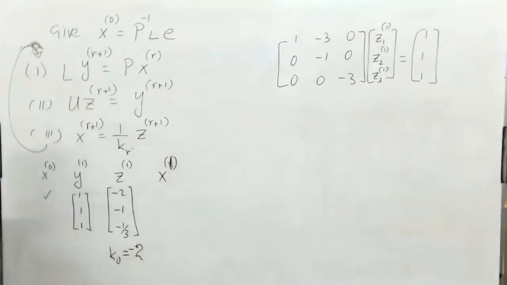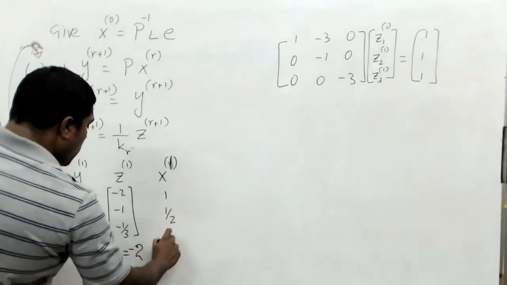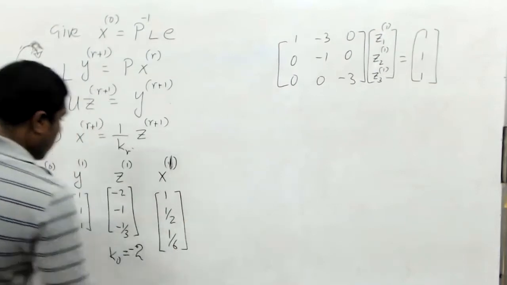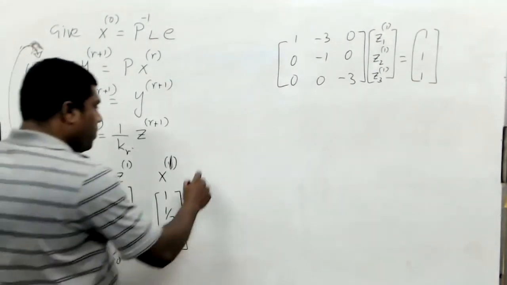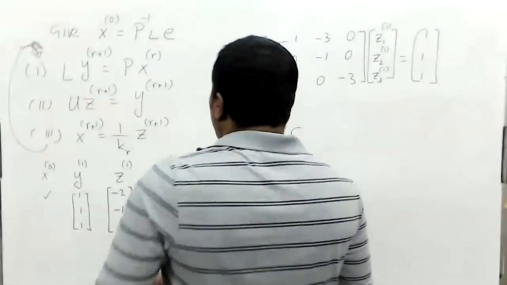And X1 is 1 upon K naught times Z1. So you divide everything by -2. So you get 1, 1/2, 1/6. Right? So this completes the first step. Then you get Y2. And so Y2, you know you have to solve this.